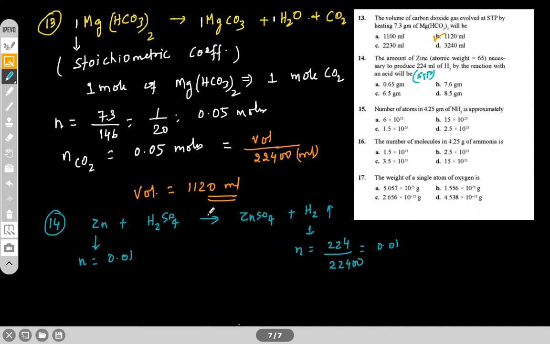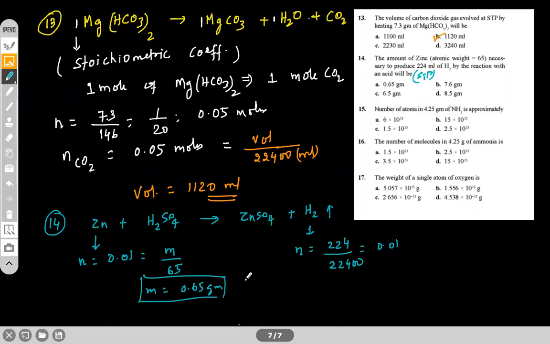And this equals the mass divided by the atomic mass. M is equal to 0.65. So the answer is A.